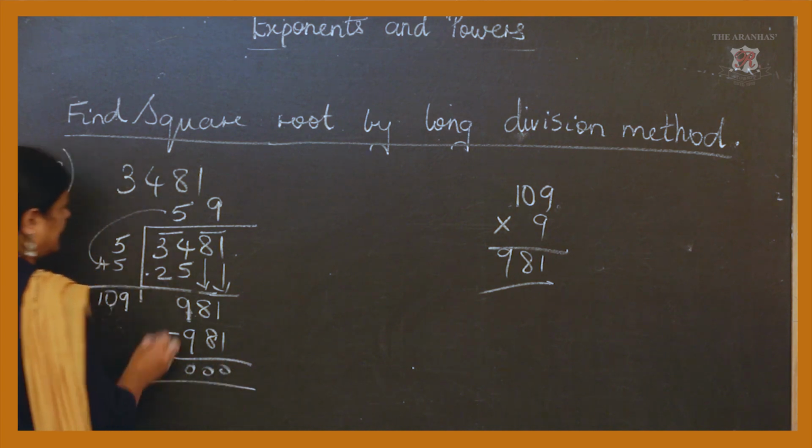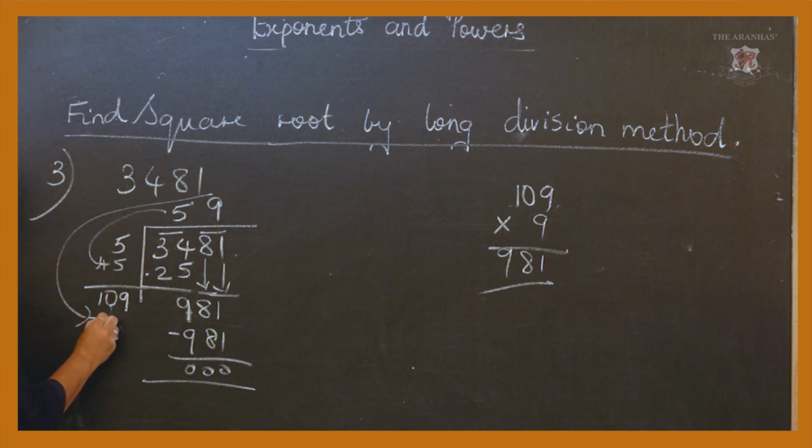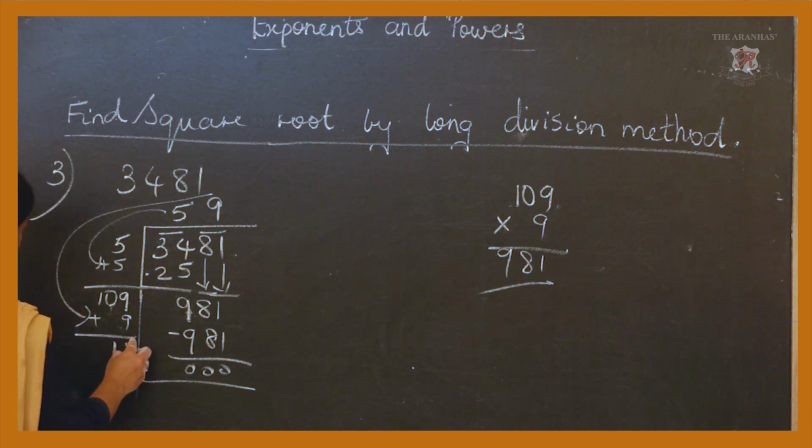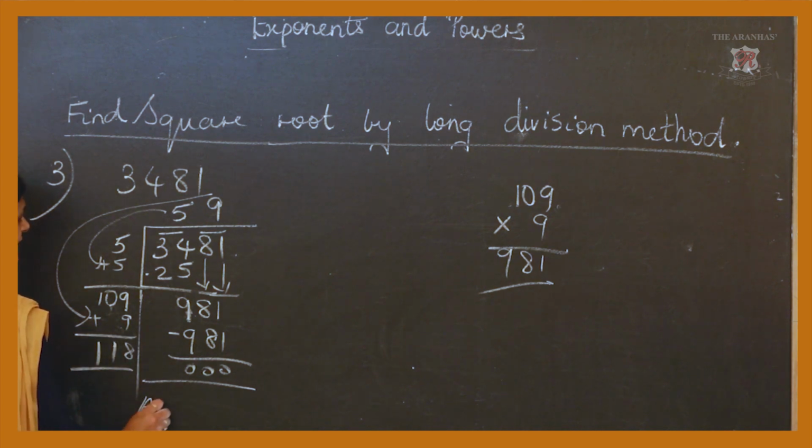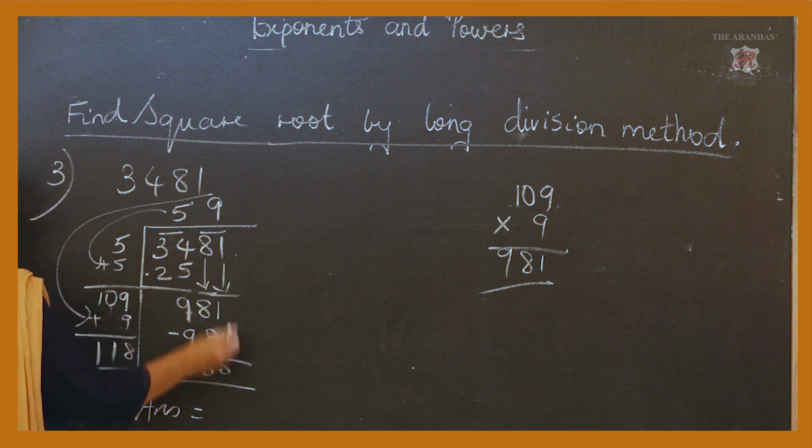So here again you are taking this 9 down plus 9, 18, and 118. So here again your answer is what? 59.